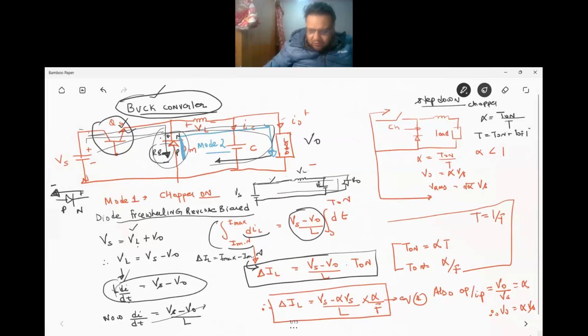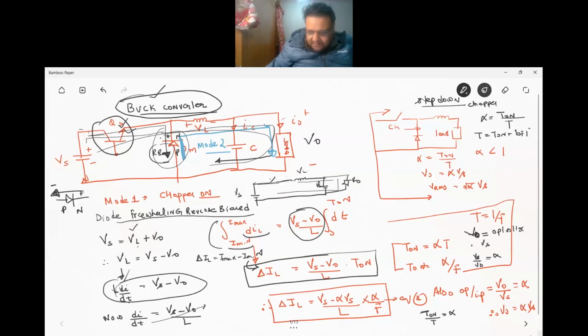Now you notice that I told you already, V naught is the output voltage and Vs is the input voltage. So V naught by Vs, that is output voltage by input voltage, is your duty ratio. Also, you noticed here that T on divided by T is your alpha.